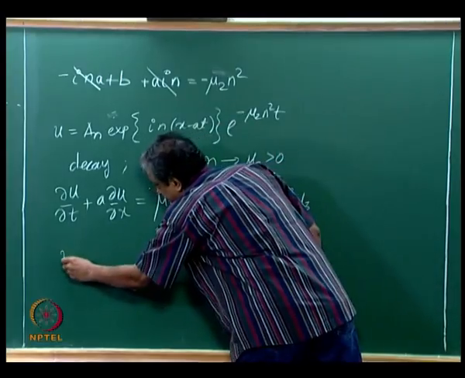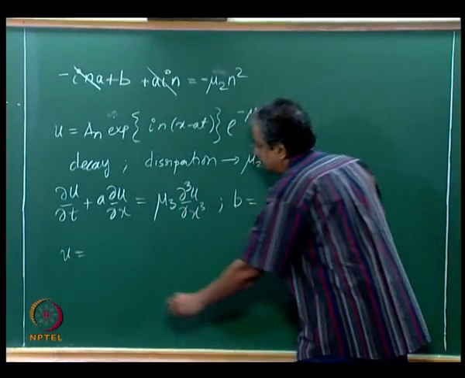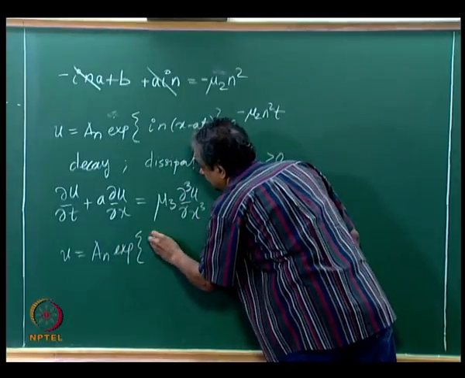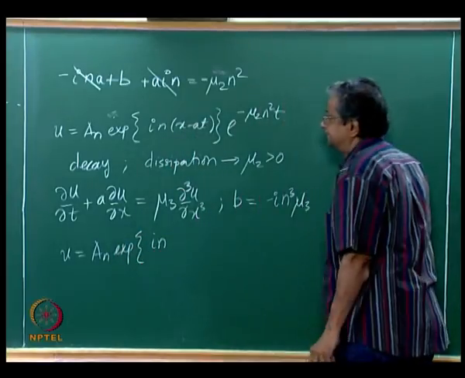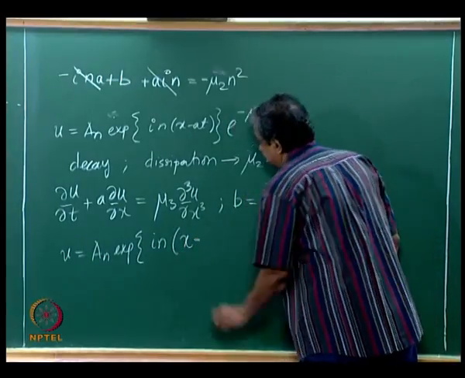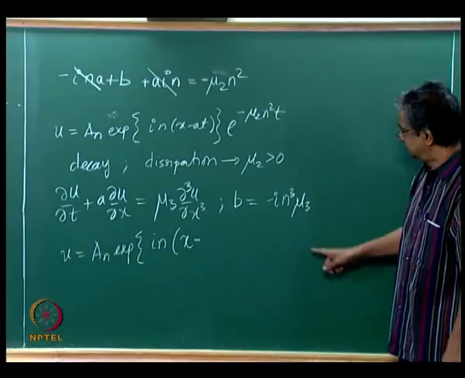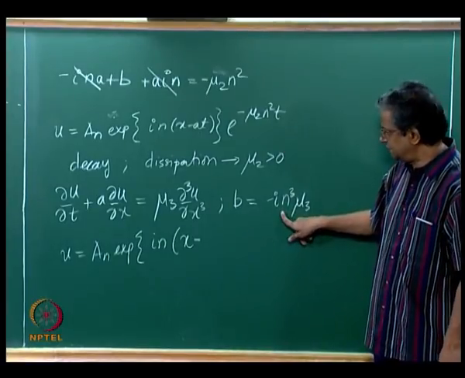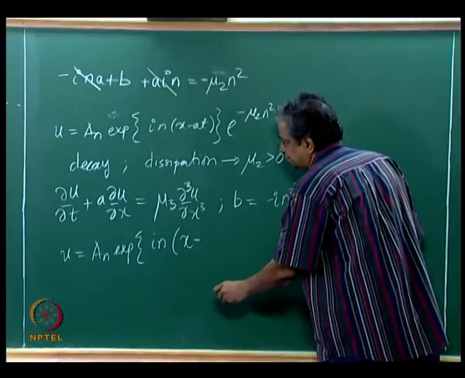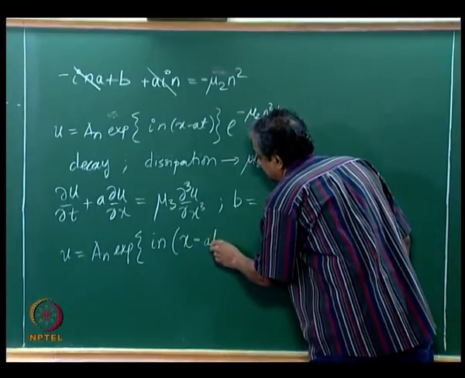So the u for this equation is a n exponent I n x minus, well, the b also is going to have an I in it, either we can take it in one step or maybe we will do it in two steps. Let me not hurry through it.